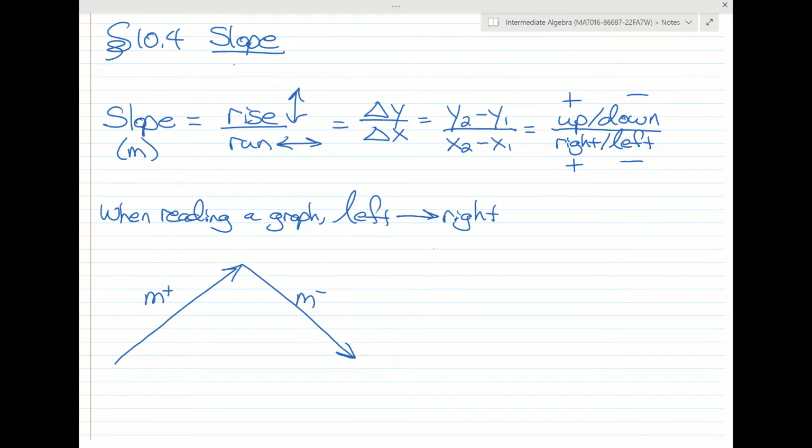If you have a vertical line like this, we say that the slope is undefined. We get an undefined slope when we have 0 in the denominator.